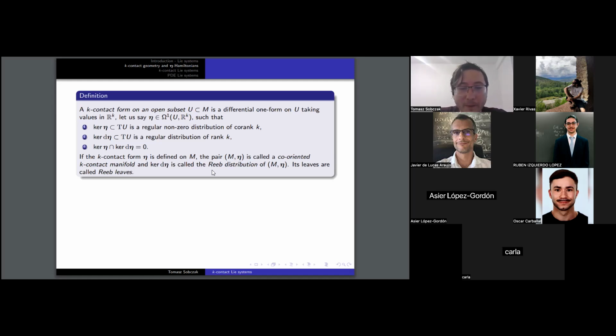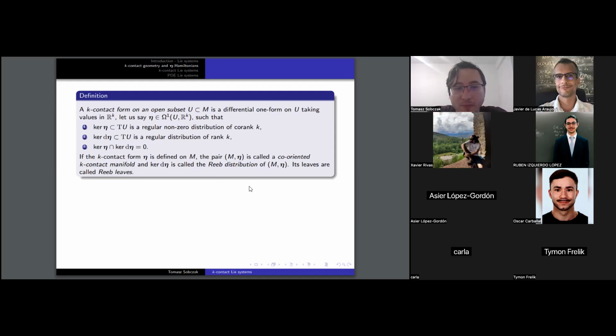Yes, a comment, Thomas, about the non-zero distribution. The key point to explain is that you want a one-contact form to recover a contact form.